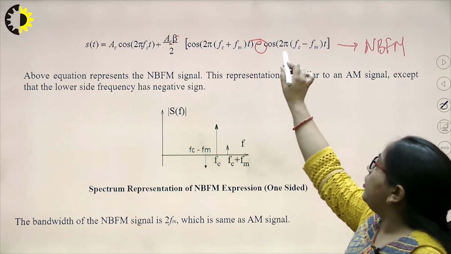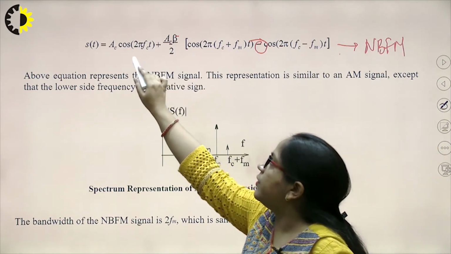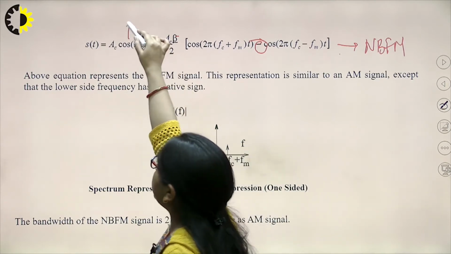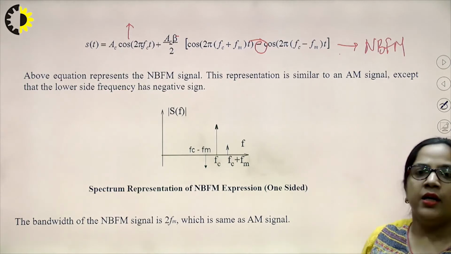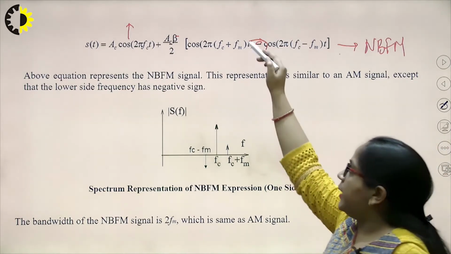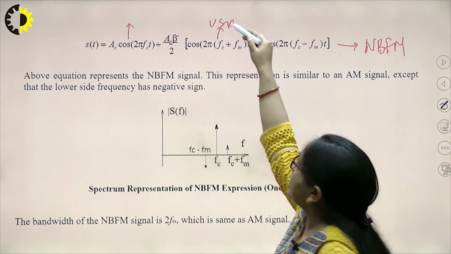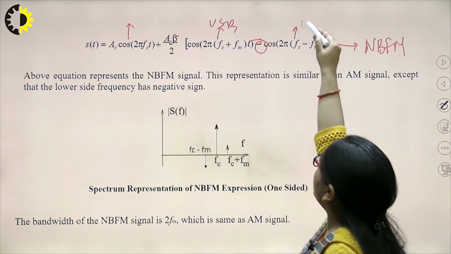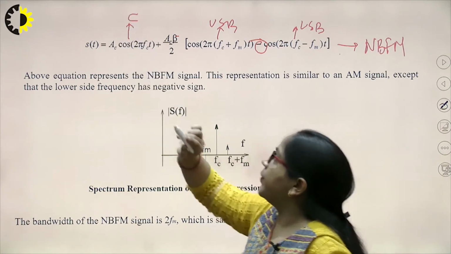The first term is equivalent to the carrier. The second term, where we get the summation of carrier and modulating signal frequency, can be considered as the upper sideband. The third one can be considered as the lower sideband, while the first term can be considered as the carrier.